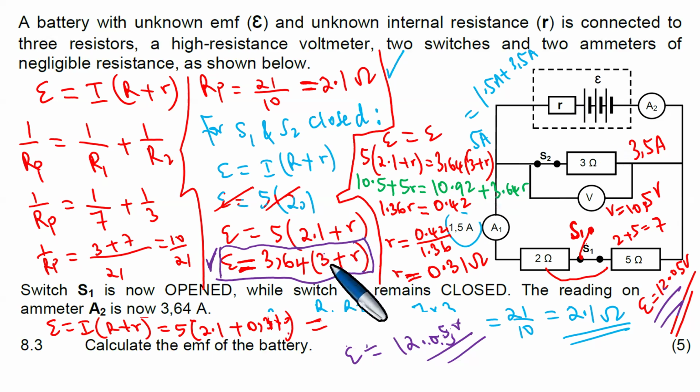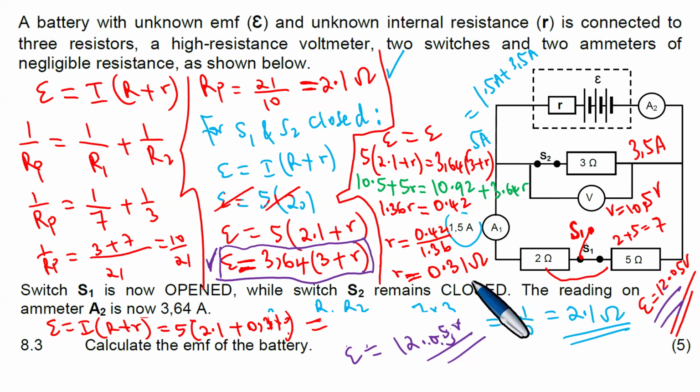Therefore we say EMF is EMF, so that now we have 5(2.1 + r) = 3.64(3 + r). And then we solve everything here, and we get that the internal resistance is 0.31 ohms.